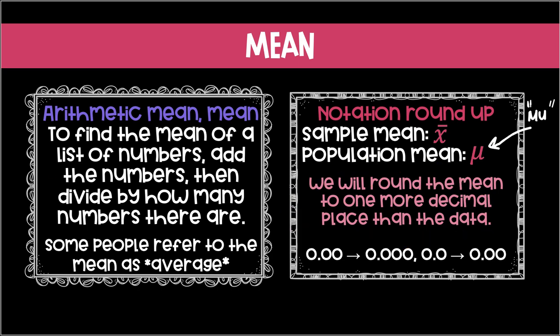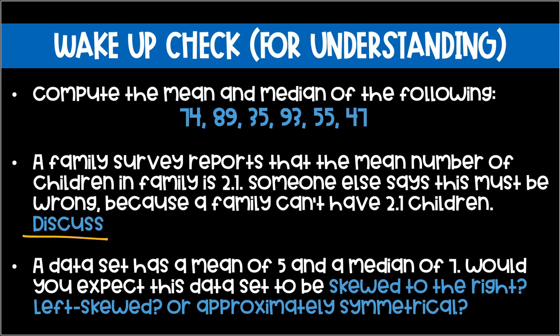If you collected the number of children from families to calculate this mean, our data set was of the form whole numbers: 0, 1, 2, 3, 4, 5, only whole numbers. Because we calculated the mean and although you got a decimal number, we're going to round to one more decimal place. So it had to do with the rounding of the mean.